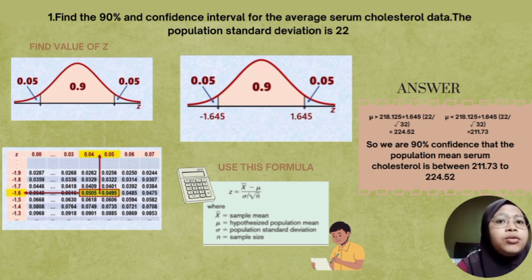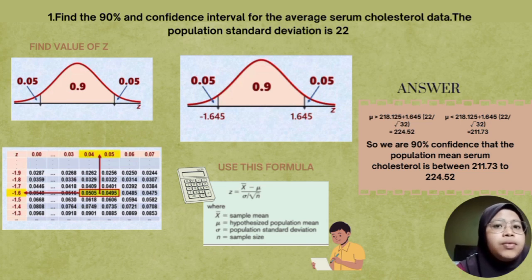So we need to use the formula and insert the values into the formula to find the mean. So we can get the mean more than 224.52 and the mean less than 211.73.